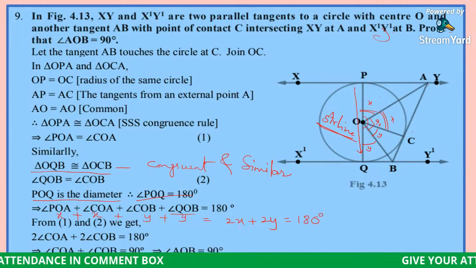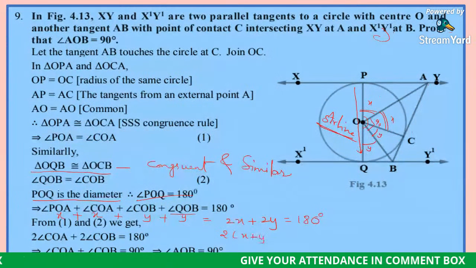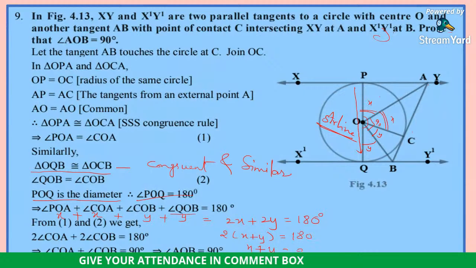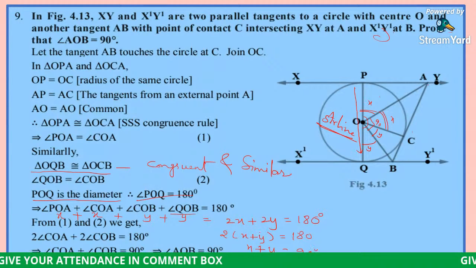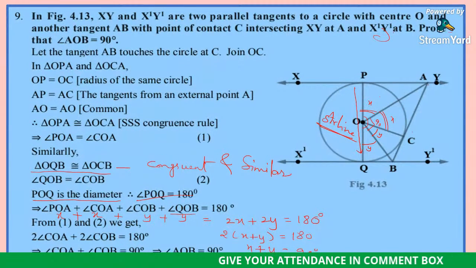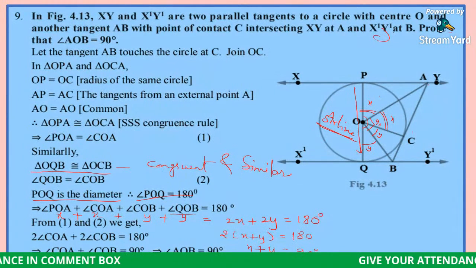If we take 2 common here, we'll get X plus Y is equal to 180, and if you divide, you will get X plus Y is equal to 90 degrees. And what are this X and angle Y? Angle X is COA, isn't it? Angle X is COA, angle Y is COB, and we proved it as 90 degrees.